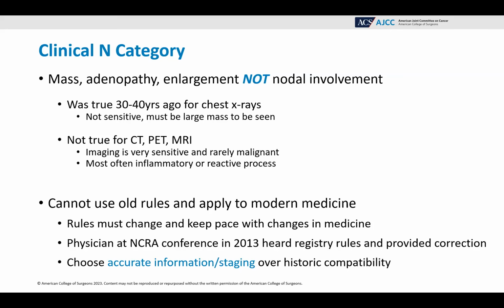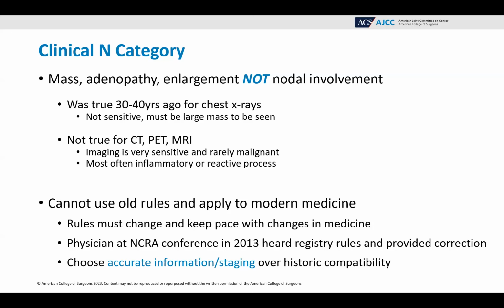That is not true for CT, PET, or MRI. That imaging is very sensitive, and rarely is that enlarged node information being seen on the imaging not malignant. Most often, it is an inflammatory process or a reactive process. So be very careful. Don't use those words and assume it means nodal involvement.